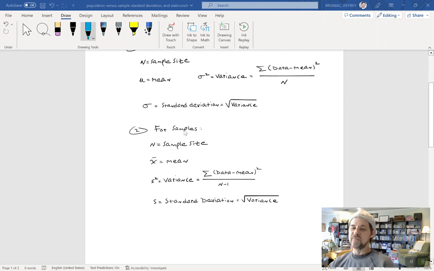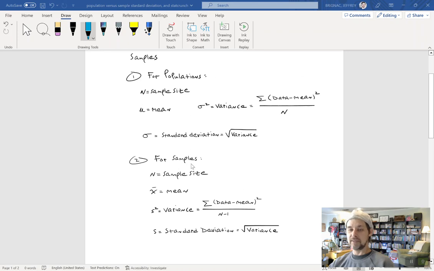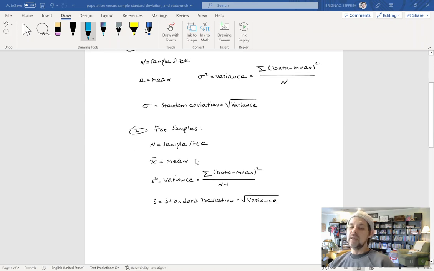For samples, n is the sample size, that doesn't change. X bar is the mean. You calculate the mean the same way, whether you're talking about a population or a sample. And the variance for a sample goes by the symbol s squared, but the formula is different. It's the sum of the data points minus the mean squared over n minus 1, the sample size minus 1.